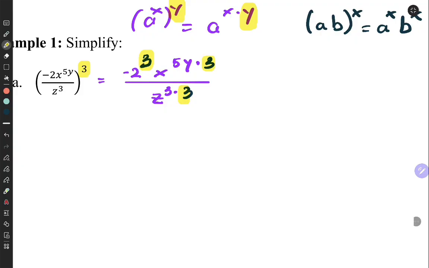Usually, when you have an exponent on some number, if that number has a negative sign, I highly recommend you put parentheses. Why do I do that? Tell me what would be your answer to this? Negative 8, beautiful.